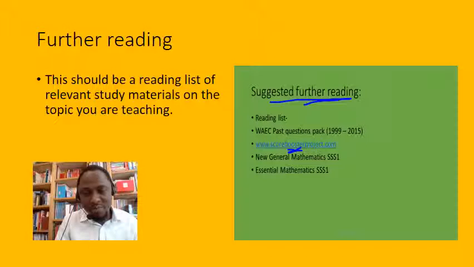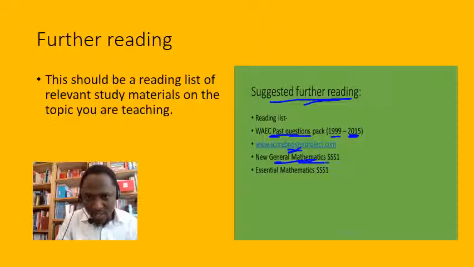It could be past question books that are relevant to the particular topic or subject you're treating. In this instance, I've put past question books. So maybe you have particular years in mind. I've put 1999 to 2015, for instance. Yours may be 1972 to 1980. It depends. And then I've put New General Mathematics for Senior Secondary School 1.